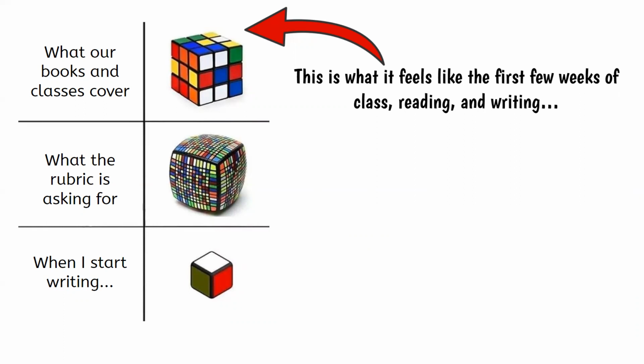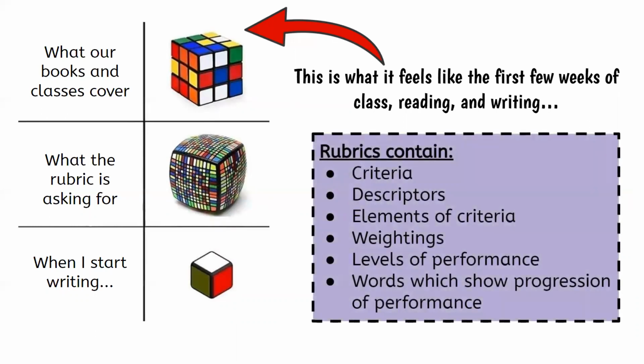And when we start writing, that's the extent to which we cover our first time. It takes making those connections and really diving deep into the rubric to get what it's asking for. Just like the rubrics we give our students, they have different components: the descriptors, the weights, the performances, and the words of progression within each of those criteria.